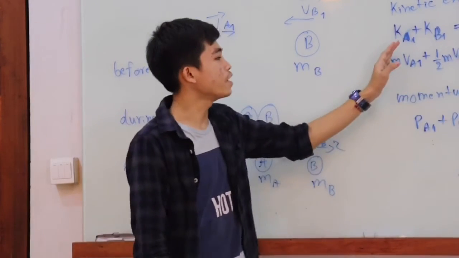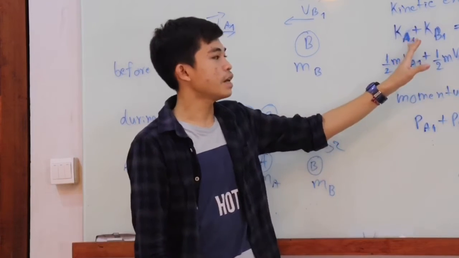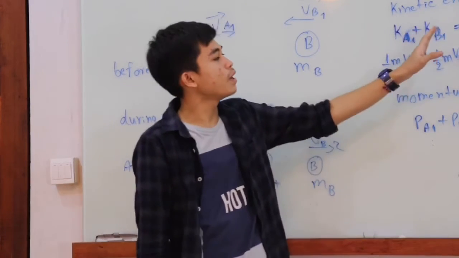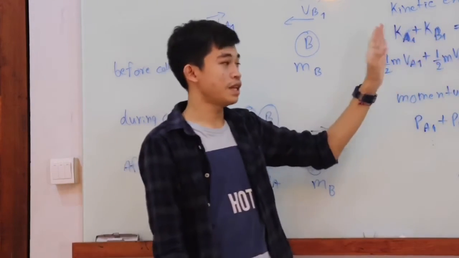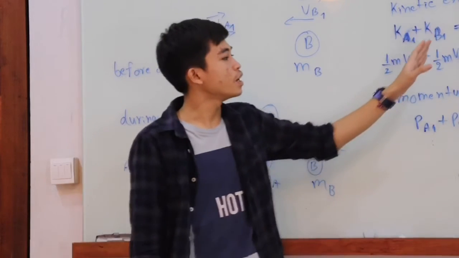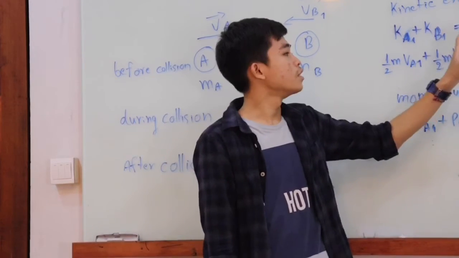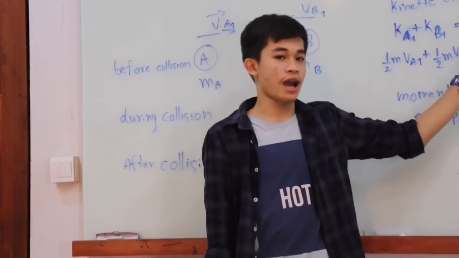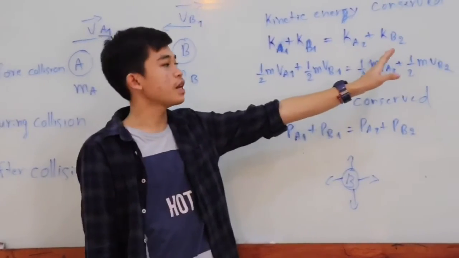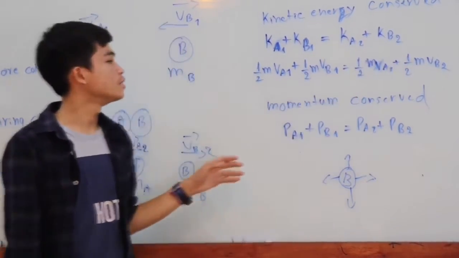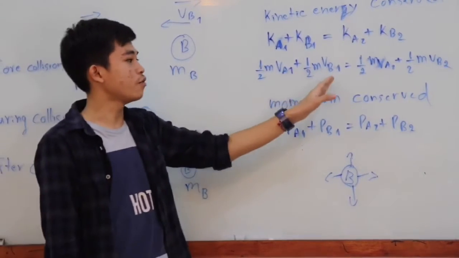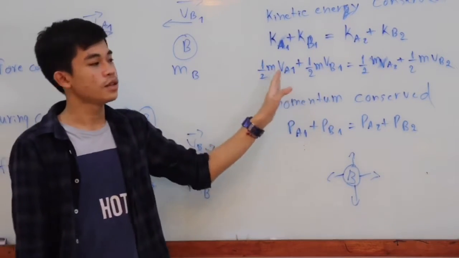As you can see right here, the kinetic energy of object A plus the kinetic energy of object B equals the kinetic energy of object A after collision plus the kinetic energy of object B after collision. And here is the general formula of the kinetic energy.